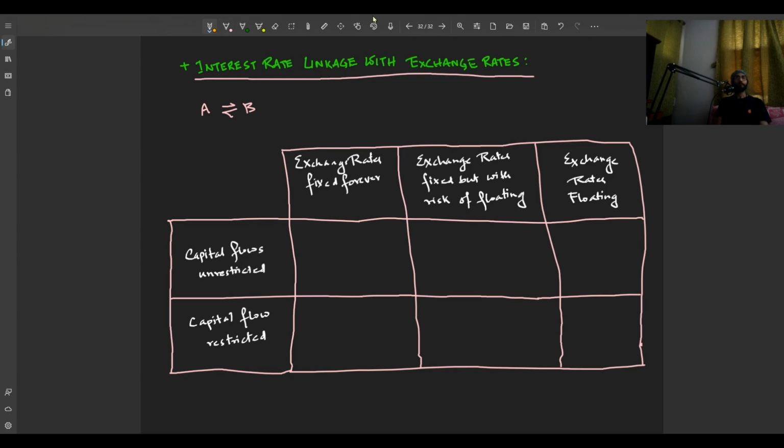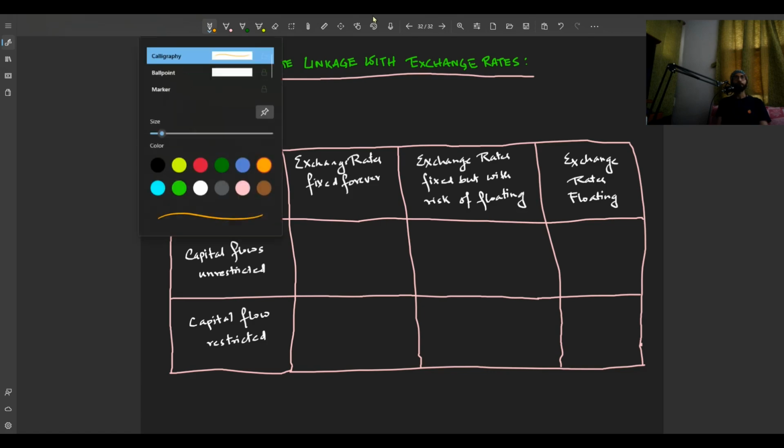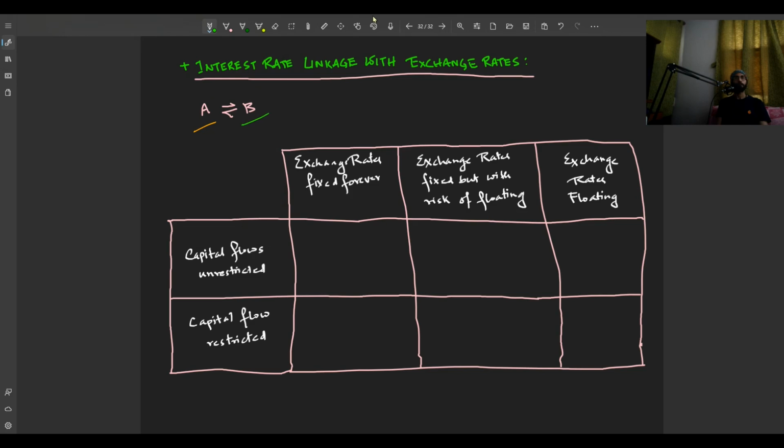Let's say we denote country A with the orange line in the yield curve and country B with the green line. The two countries will have the same, identical, overlapping yield curve. If capital flow is unrestricted and exchange rates are fixed now and expected to be fixed forever, then the two countries will share the yield curve.